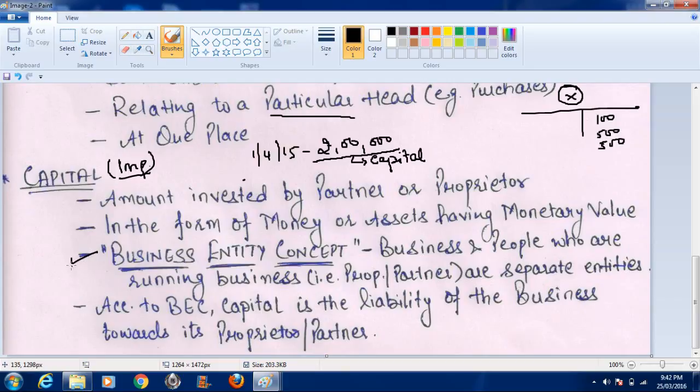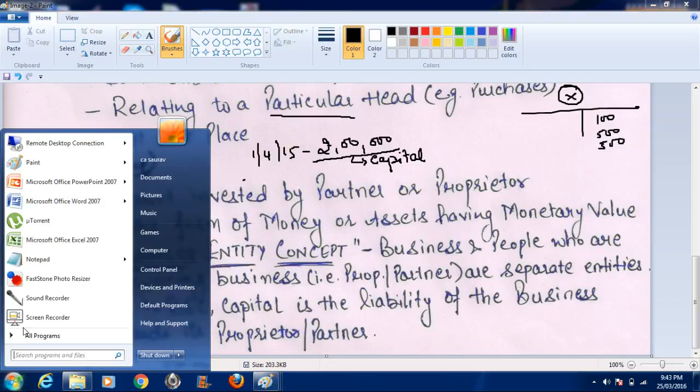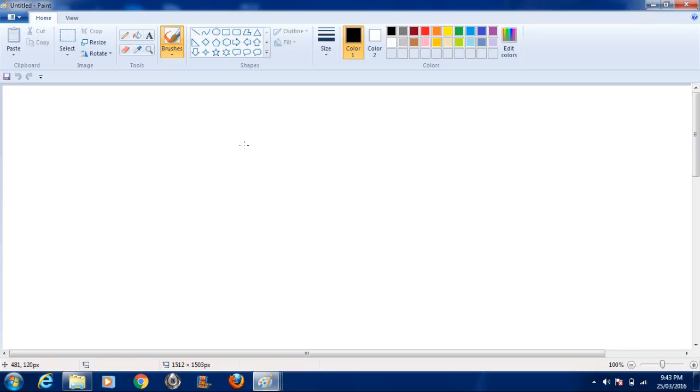This is very, very important from the capital point of view. It says that a business is a separate entity in itself. That means the business and the people who are running the business are two different people. I will explain this in detail. You are the owner of the business, right?